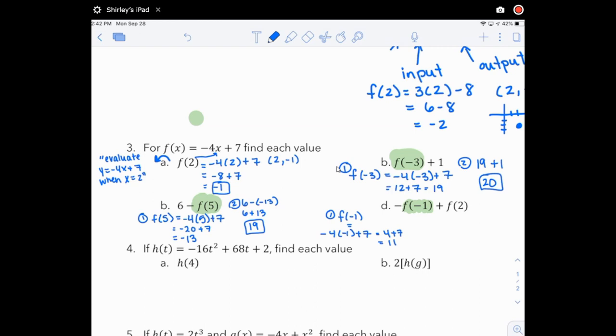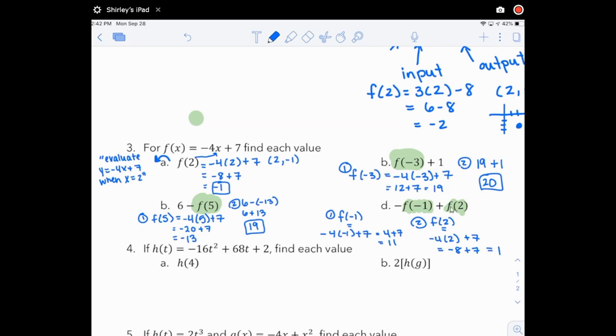I'm going to take it one step further and figure out my second function rule. So there's just a couple more steps in this one. Now I want to figure out what f at 2 is. F at 2 is negative 4 times 2 plus 7, which is negative 8 plus 7, which is going to be 1. So now I'm just going to plug into the whole expression because I've already figured out both of my function rules.